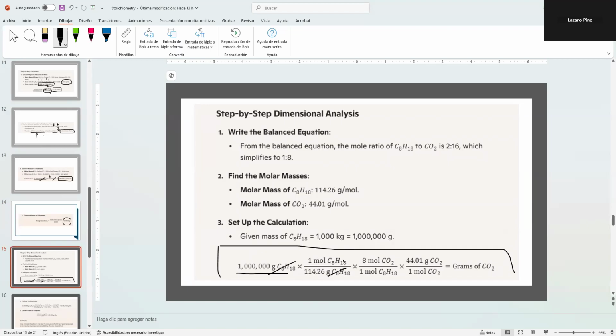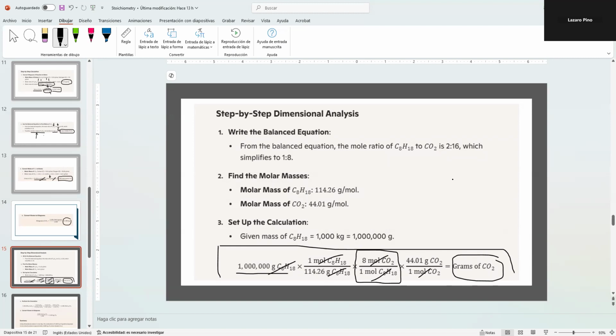And then you use the ratio in the equation to get moles of carbon dioxide. And later you multiply by the molar mass of carbon dioxide in such a way that you get grams of carbon dioxide. Look, doing this way, you can do all the calculation in one step.